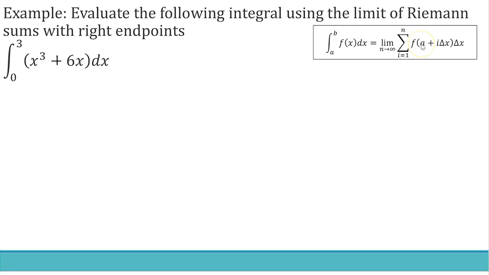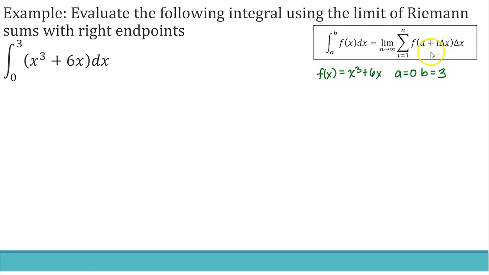Now, I'm going to do some scratch work off to the side before I actually move forward with this integral. So I'm going to pull the function over here. I'm going to remind ourselves that f of x is x cubed plus 6x. And I'm also going to remind ourselves that a and b are the limits of integration, so a is equal to 0 and b is equal to 3, so that I can start to find this f of a plus i delta x times delta x quantity.